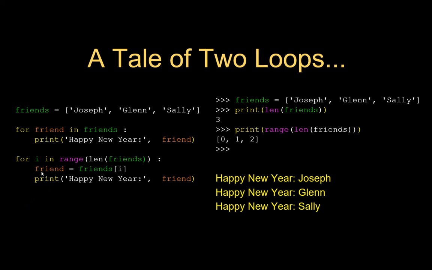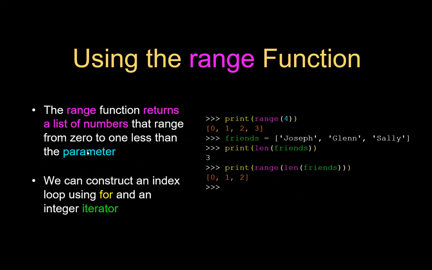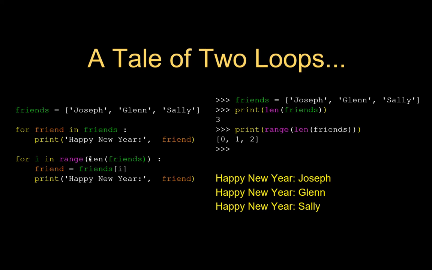And then for that I, basically for that parameter that we use in the range function, we're going to have a loop which is going to run 3 times, and we're going to print Happy New Year and the friend.